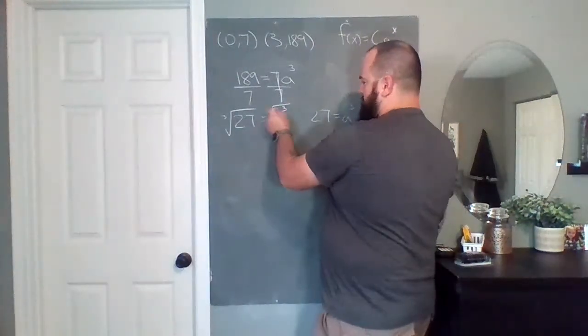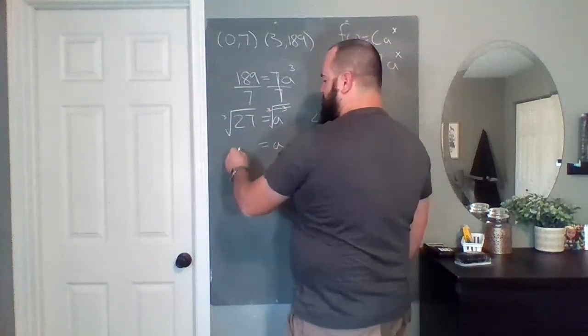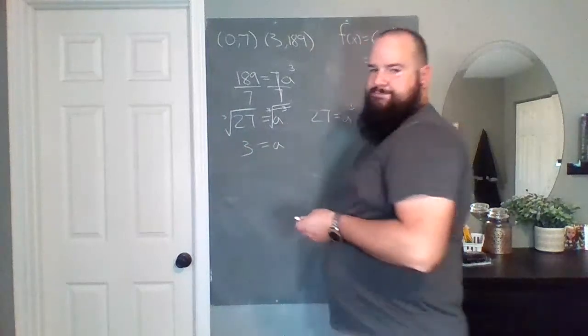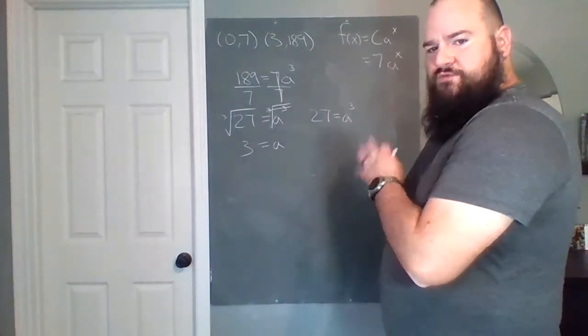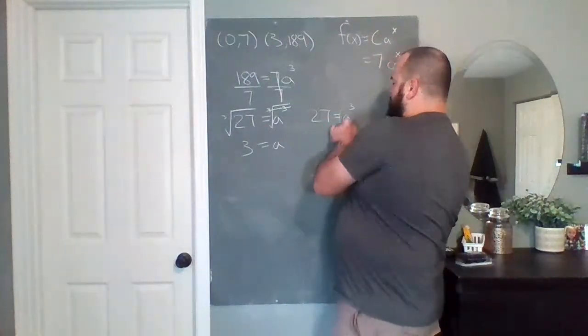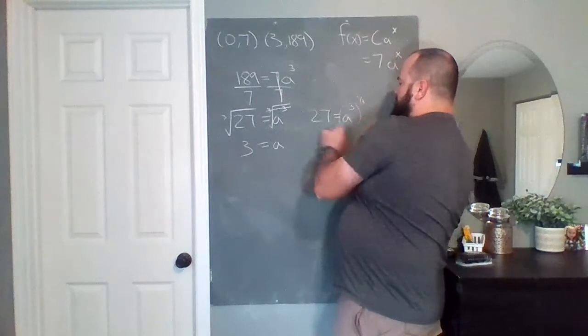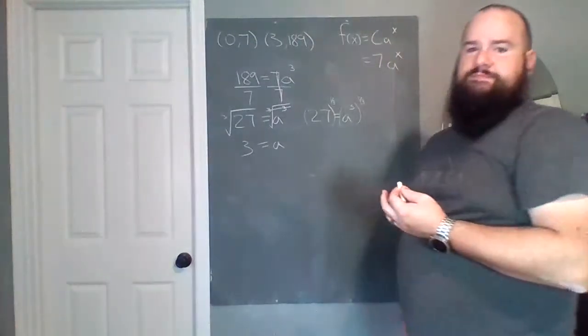Okay, those cancel. A equals, and we can use our calculator to do this, and we get A equals 3. The other option we can use, and this is a bit more calculator friendly of an option, and again, it's the exact same thing, is I can raise both sides to the 1/3 power.